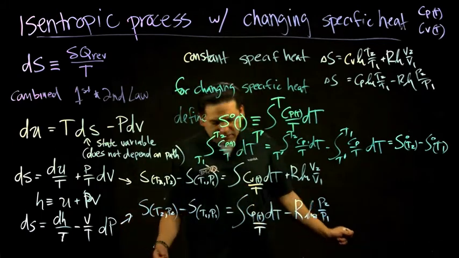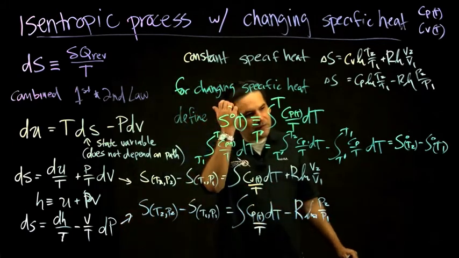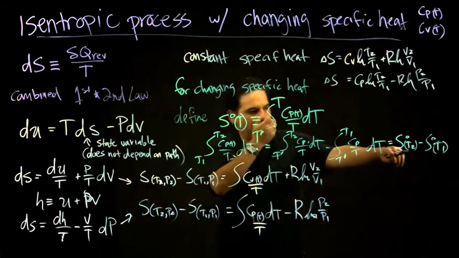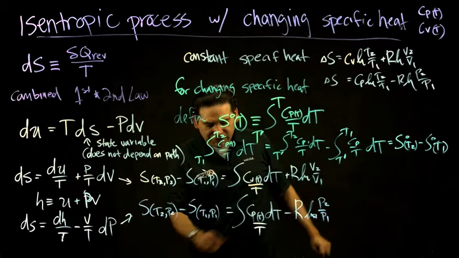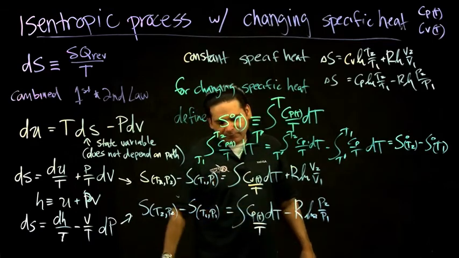Okay, so that's the idea, that we're going to use a table to get these entropies with changing specific heat.